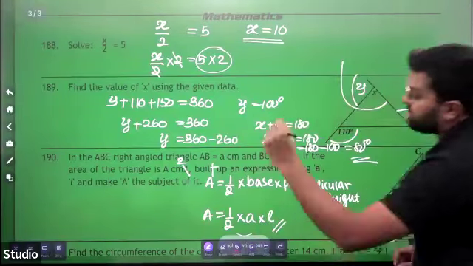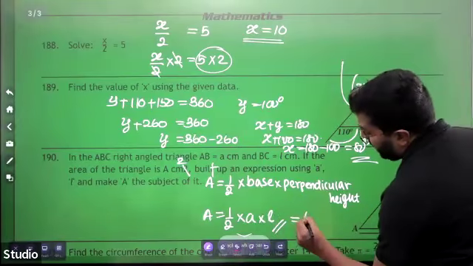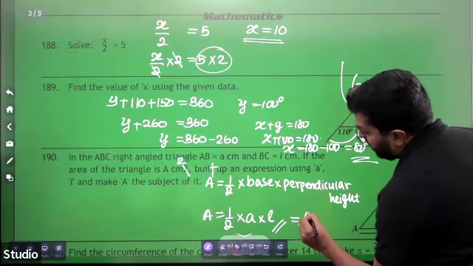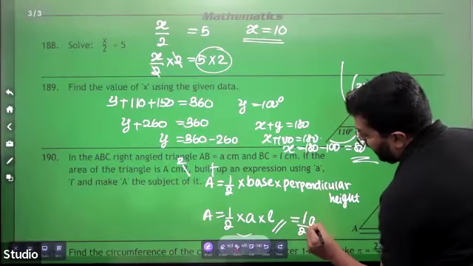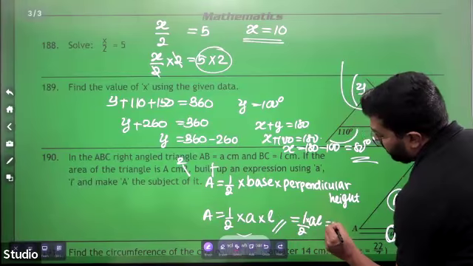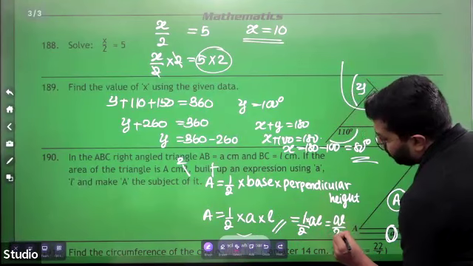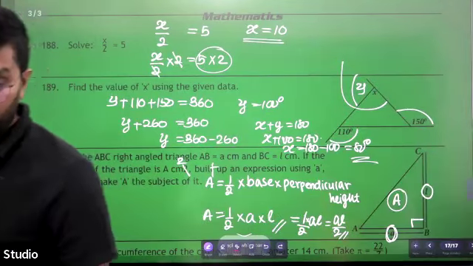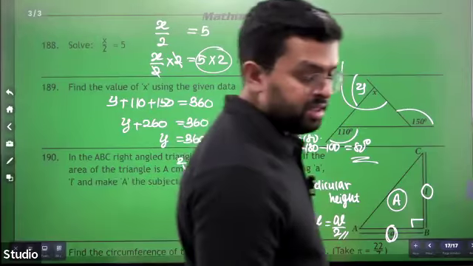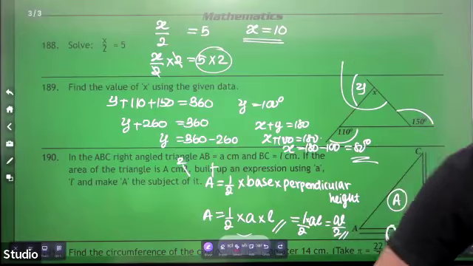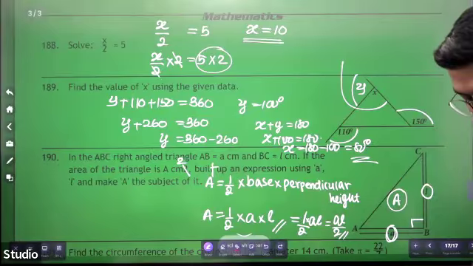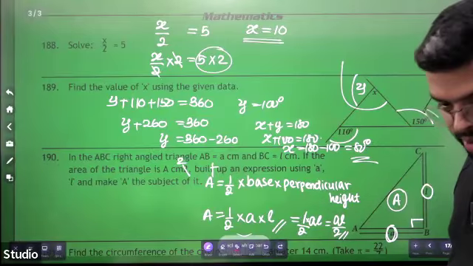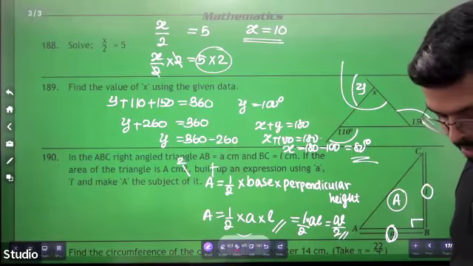Perpendicular height is given as l. So we can write it as A equals half times a l, or a l over 2. The final version is a l over 2. Final answer is a l over 2. Okay, carry on.